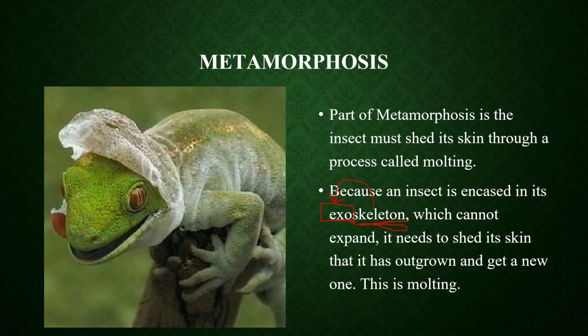Okay, so for an insect, an exoskeleton is what protects them, but it's on the outside of their body, not on the inside. That's why when you step on a cockroach or a beetle or some other kinds of bugs, you generally can either hear or feel like a crunch sound. That's because you're actually breaking that exoskeleton of the animal.